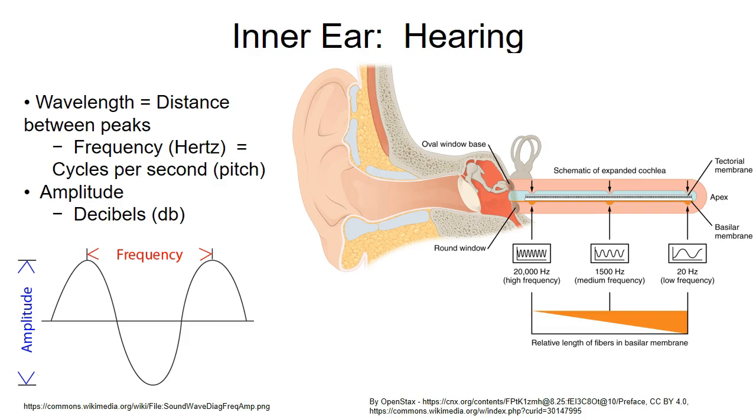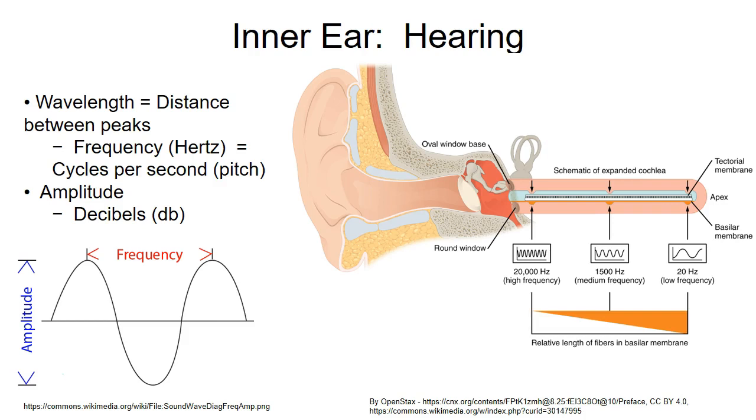If we unfurl or uncoil the cochlea and stretch it out, like the animation in the video was showing, low frequency sounds are going to trigger towards the apex of the cochlea. Higher frequencies are going to trigger towards the round oval window. One of the reasons is the basilar membrane, which is arranged somewhat like piano wires.